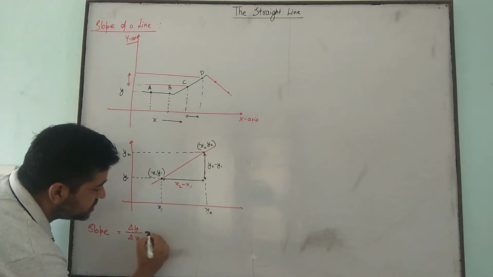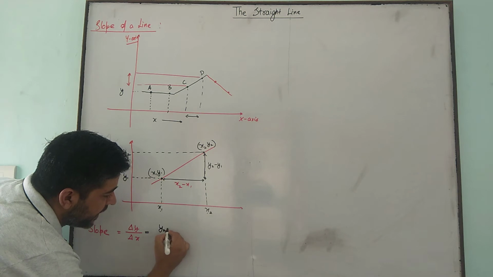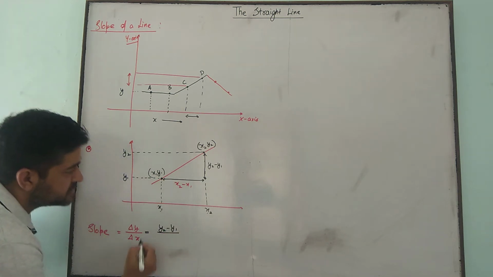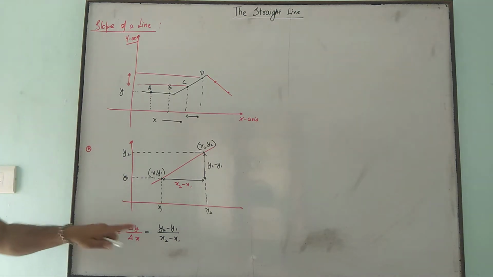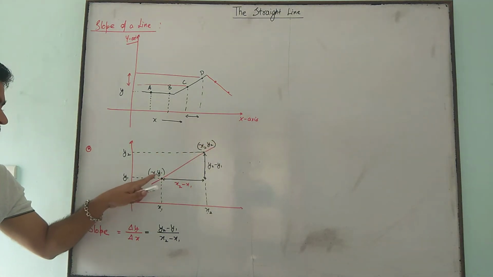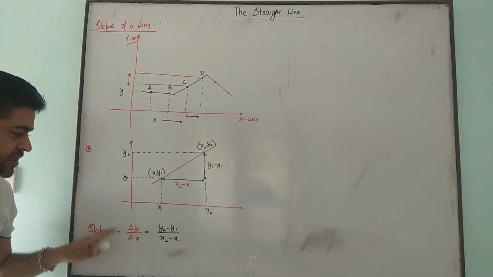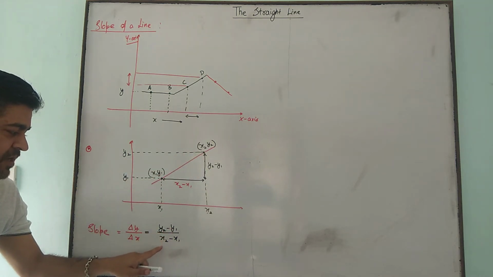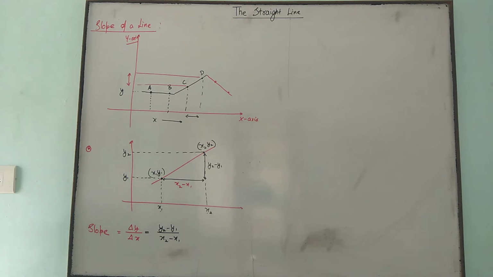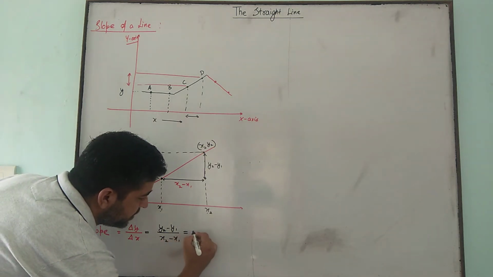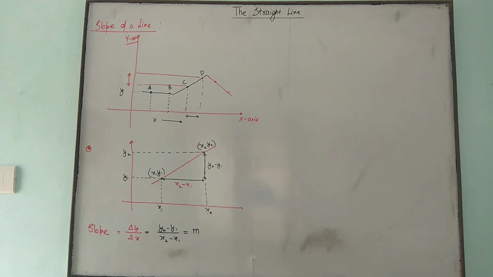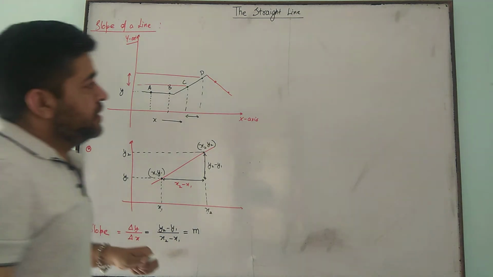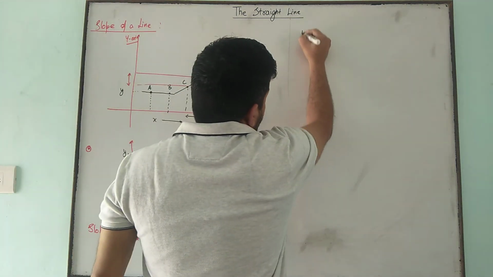So the change in y is y2 minus y1, and the change in x here is x2 minus x1. So we got one definition of slope, that is, if we know the points on a line x1 y1 and x2 y2, then slope is y2 minus y1 upon x2 minus x1, and it is always represented by small m. M represents slope, right?